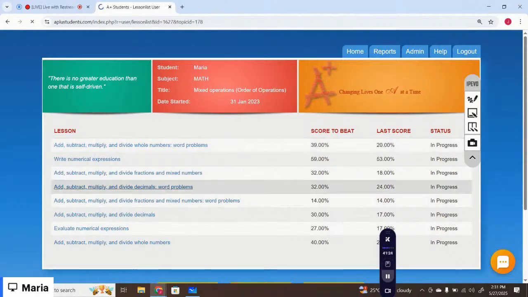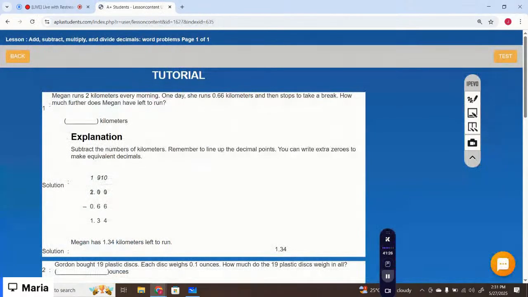Add, subtract, multiply, and divide decimals word problems. Megan runs 2 kilometers every morning. One day, she runs 0.66 kilometers and then stops to take a break.